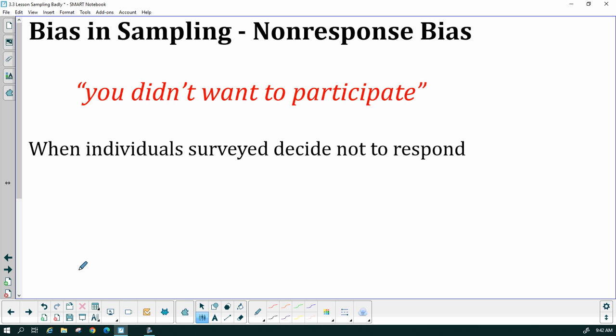They were able to get me the survey, but maybe I just didn't feel like doing it. And so we can't always control for that, but that is a potential source of bias in our data. Maybe there is something about the individual that would make them not want to respond, and we would want that type of person to have responded.